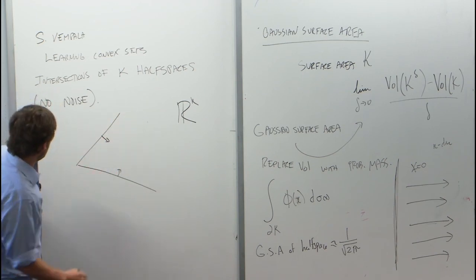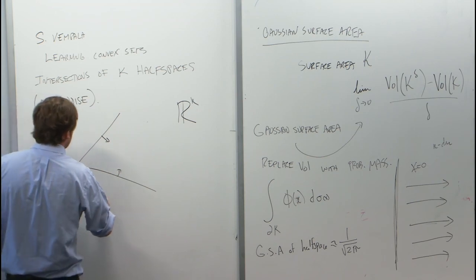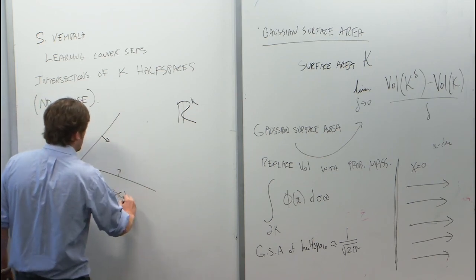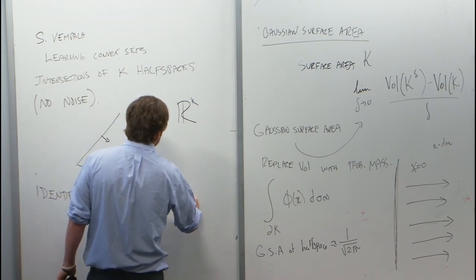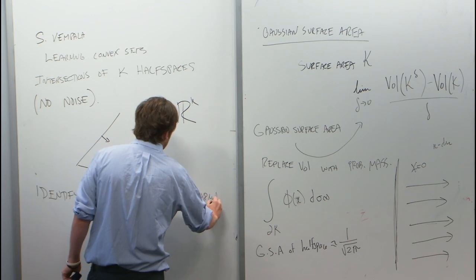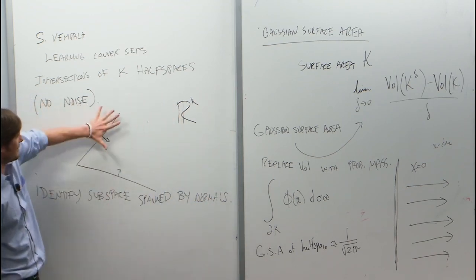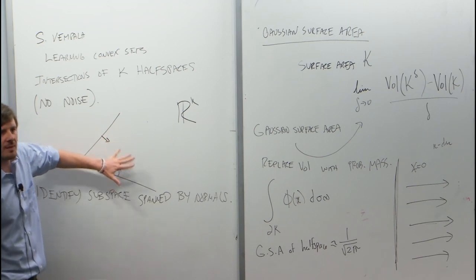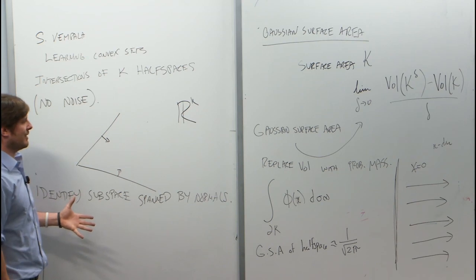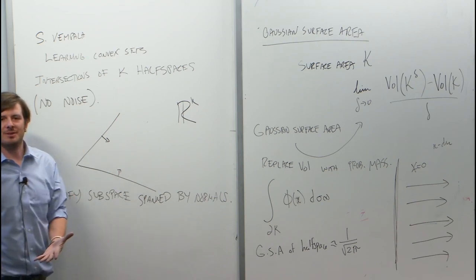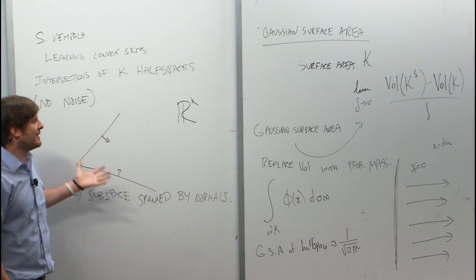Now, if you could somehow identify a subspace spanned by the normals, so if you could identify the two-dimensional space, which is the space spanned by the normals, then what could you do? I mean, what's the first thing you would do in this learning problem? You would take all of your examples, you would project them into this two-dimensional space, and now I'm in R^2.